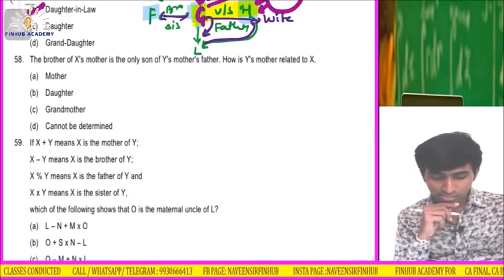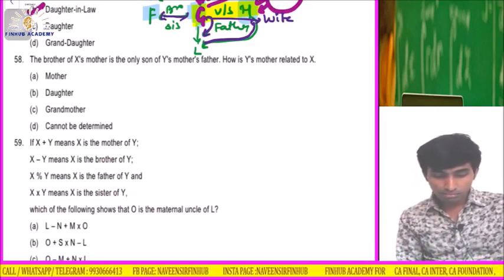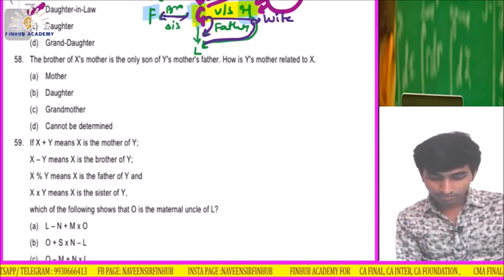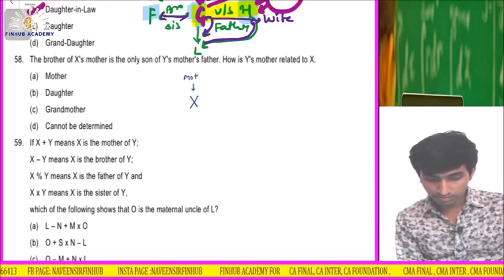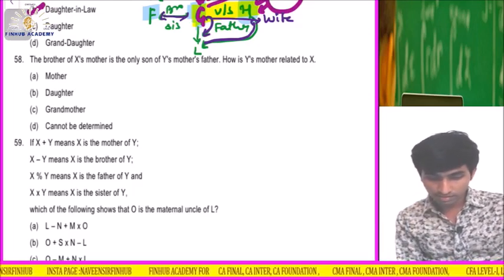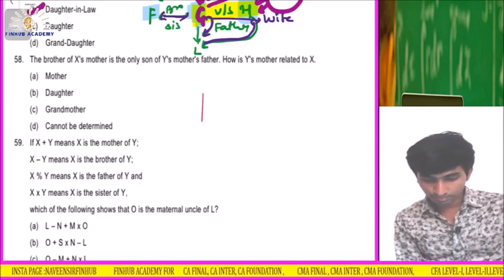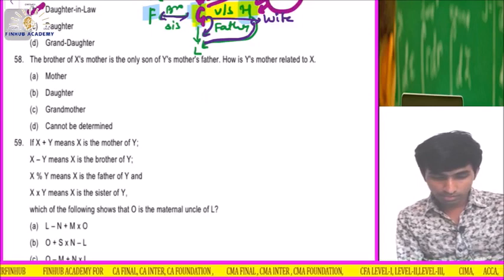Brother of X's mother is the only son of Y's mother's father. Brother of X's mother. X has a mother. There is some problem with the question. Let's try. So, one minute, how will we start?